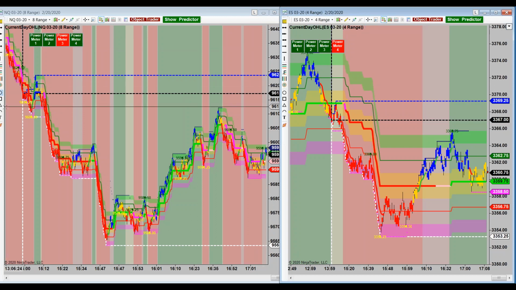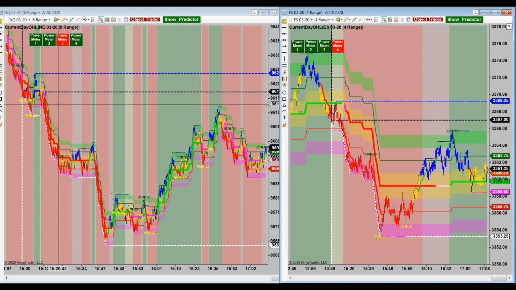Right at the open you can see some jostling around, and you're going to see this a lot. The size of the volatility, the moves and the swings, are much more pronounced on NASDAQ than on ES. In fact, I would go so far as to say they can be as much as 2 to 3 or 4 or 5 times larger.